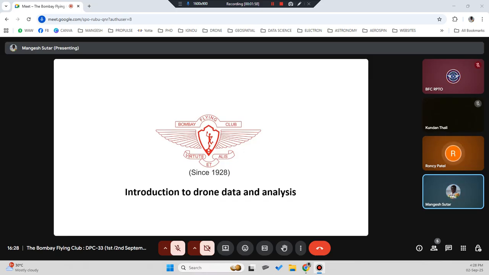Or even when they were capturing the video, there were a lot of differences in the way the images were captured. Once you have this kind of inconsistent data, it becomes very difficult for analysis. So we need to have a uniform set of data, a uniform way the images are captured for all the towers.